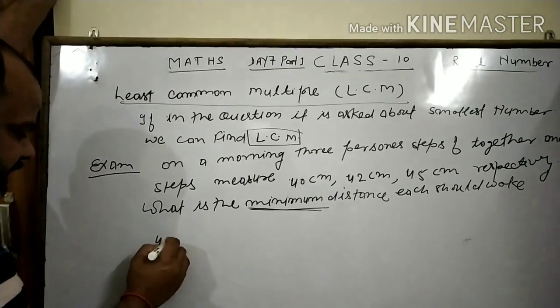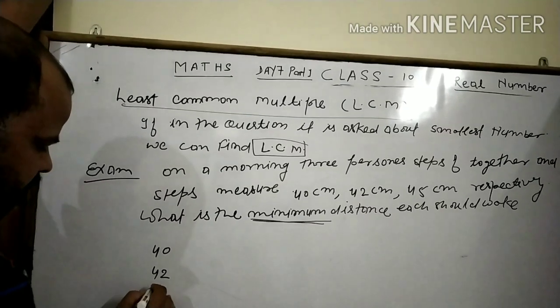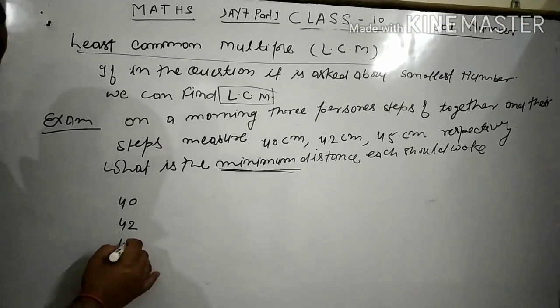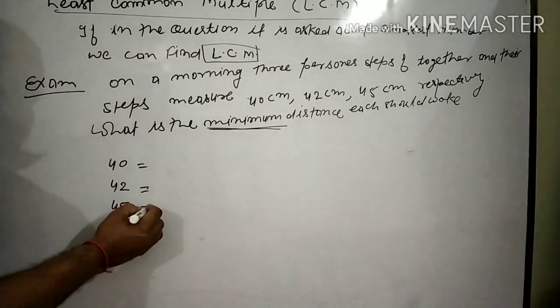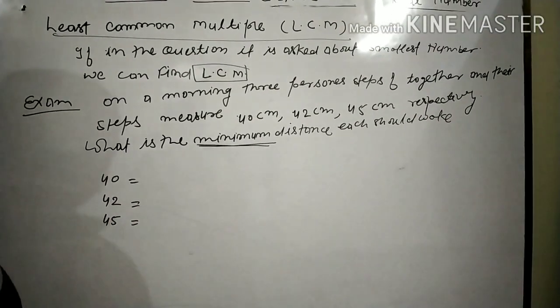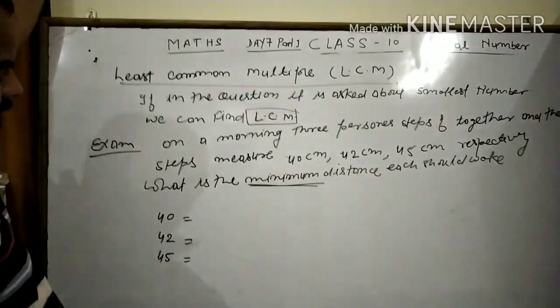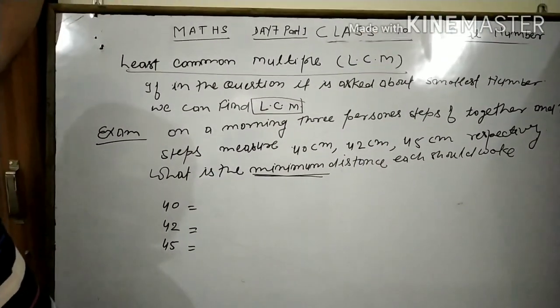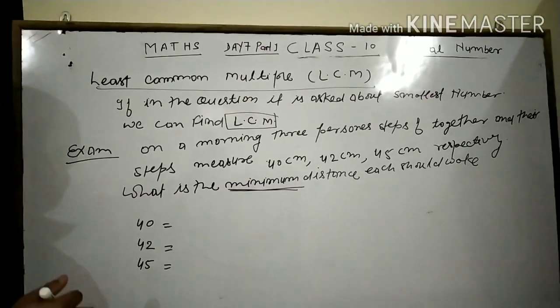You can find the LCM with the help of the fundamental theorem of arithmetic, or the prime factors method. You know that to find the LCM there are two ways: one is the prime factorization method and the other is the division method. Here we discuss the prime factorization method.